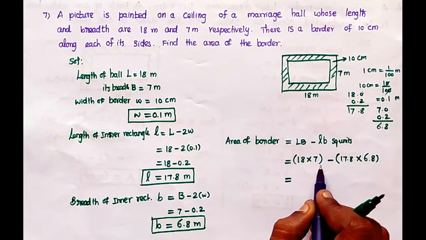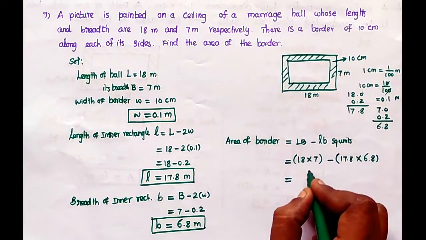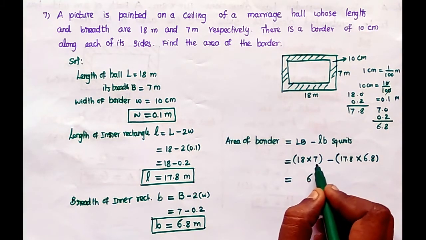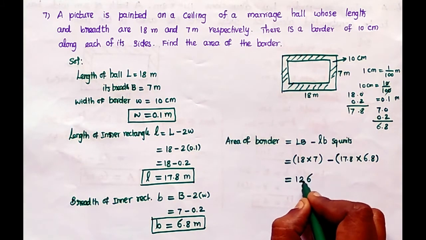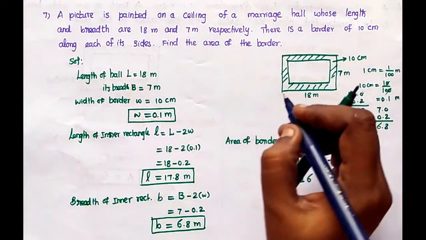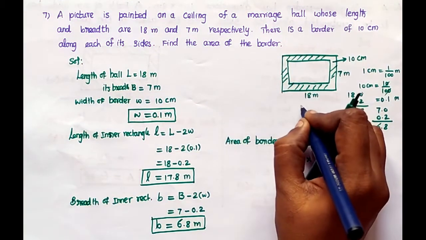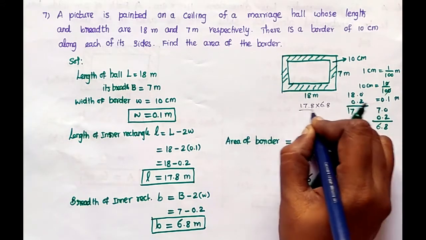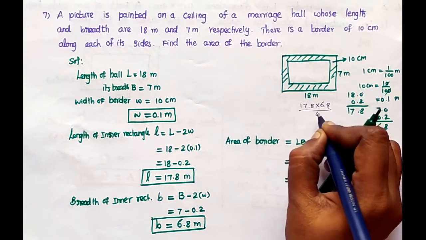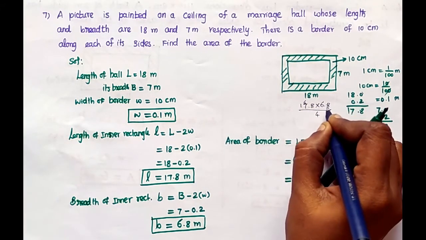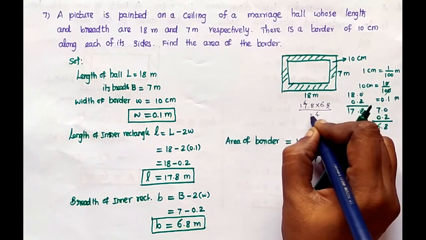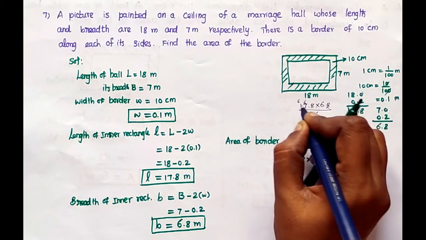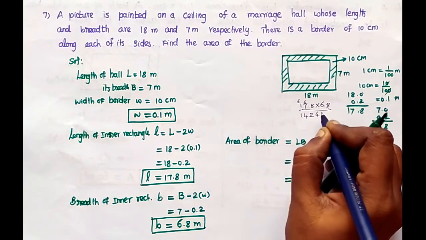18 sevens: 8 sevens are 56, carry over 5, 1 seven is 7 plus 5, 126. And 17.8 into 6.8: 8 eights are 64, 7 eights are 56 plus 6, 62, carry over 6, 1 eight is 8 plus 6, 14.